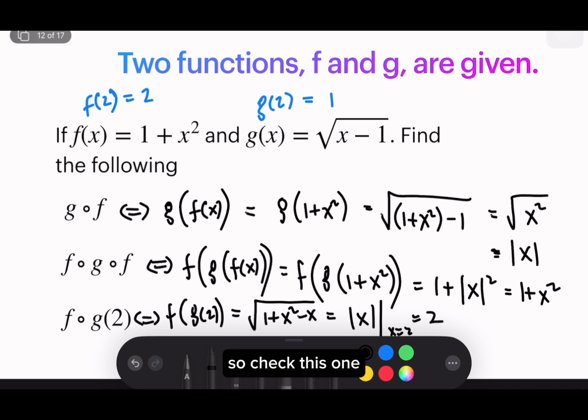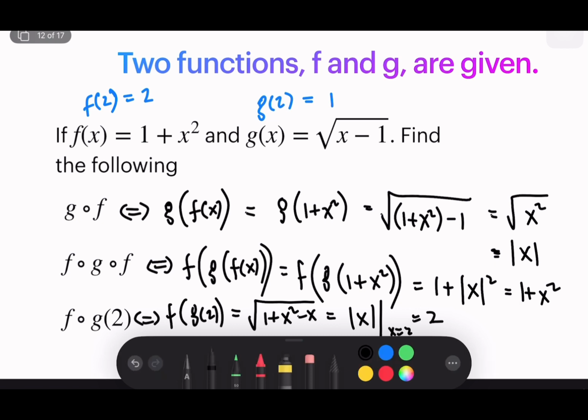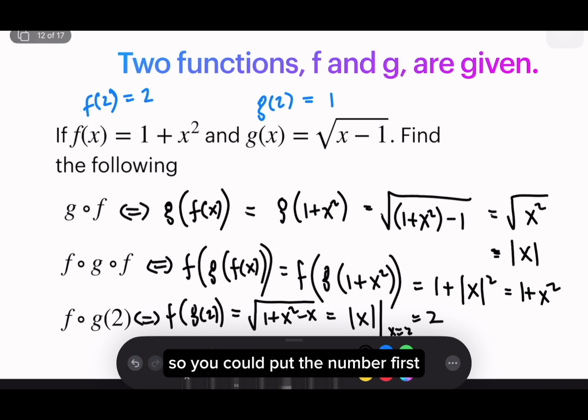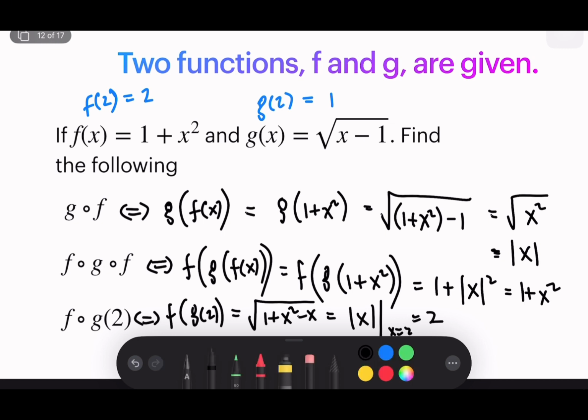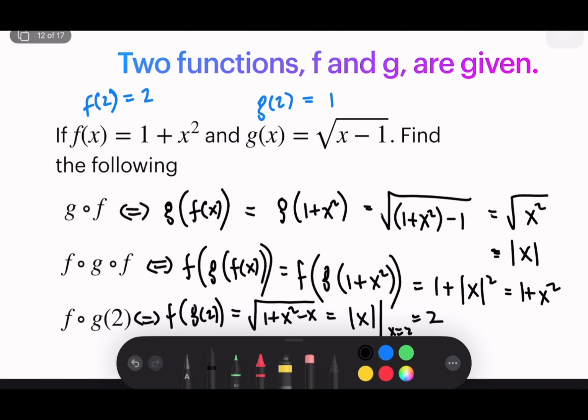Not sure, right? So check this one. Put here, we get the absolute value of x, which when we put x equal to 2 is the same, right? So you could put the number first, get the result, and then put the result inside this. f of 1 is 1 plus 1, is 2.